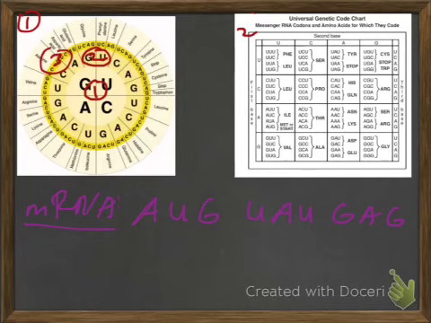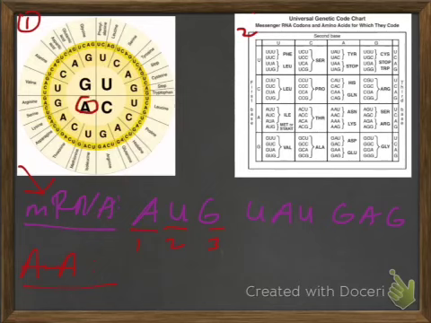So if we take a look at this messenger RNA sequence, the first three letters are AUG. This is the first letter in the codon, second letter, and third letter. Let's use the circle chart here, and I'll erase what we wrote so we can use the chart again. The first letter is A, so here's where A is.